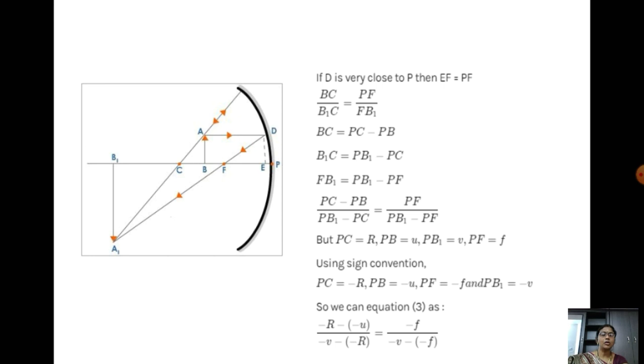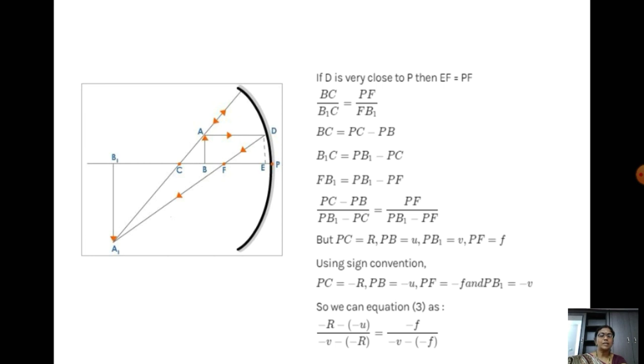On the right hand side, we have PF is equal to minus F, divided by PB1, which is again minus V, minus of PF, which is minus F. Substituting all the values, minus of minus will be plus.